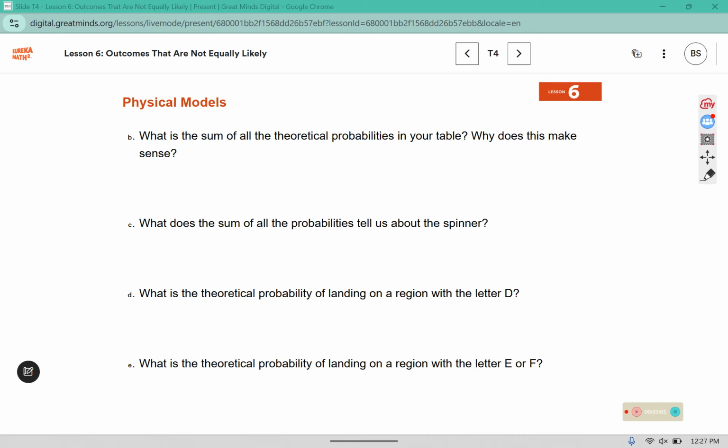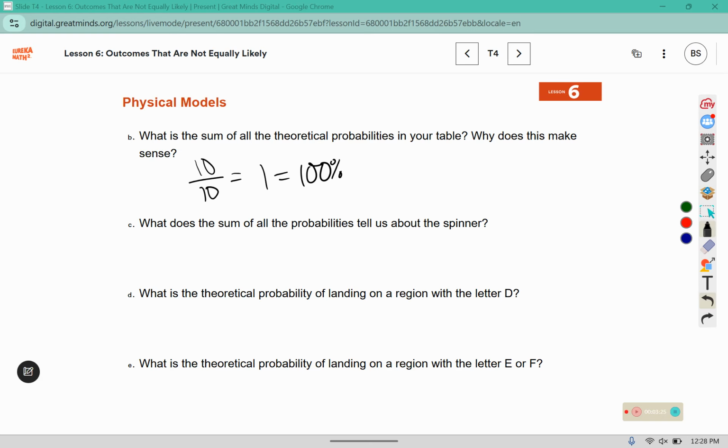What is the sum of all of the theoretical probabilities of your table? And why does it make sense? If I add all those up, I get 10/10, which is the same as 1. And it makes sense because all of the outcomes together would make up 100%. What does the sum of all the probabilities tell us about the spinner?